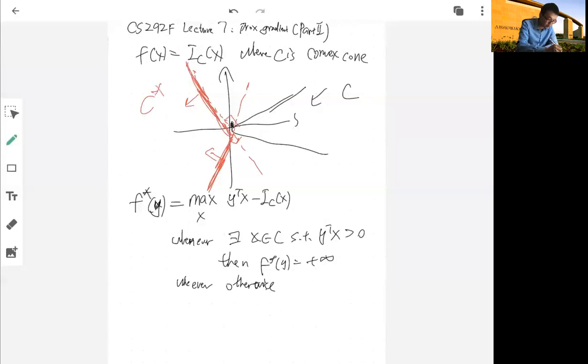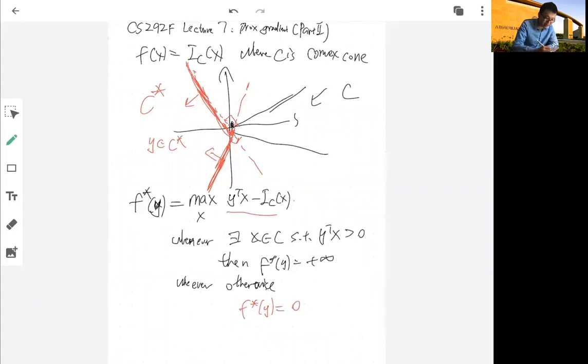So that gives rise to a dual cone of this original cone. Actually the dual cone is slightly different, but let's just call this C star. It's also another cone at the same location, and whenever y is inside this cone, then the conjugate function, by working out this optimization problem, gives f star of y equals 0.